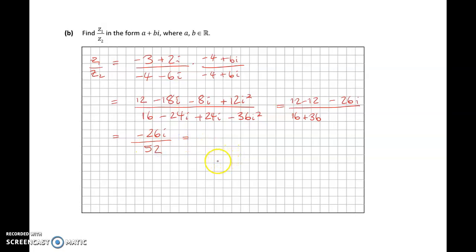And if we do minus 26 divided by 52, we get minus half i. So the answer doesn't have a real part, just has an imaginary part. Now you may wish to write out the real part, so 0 minus half i, but it would be acceptable just to leave it in this format.